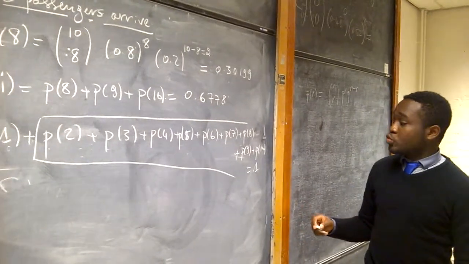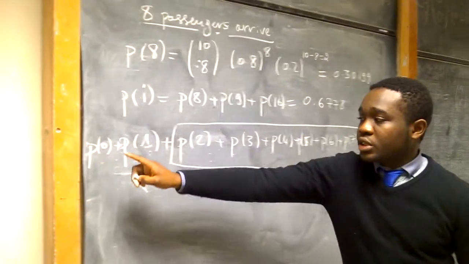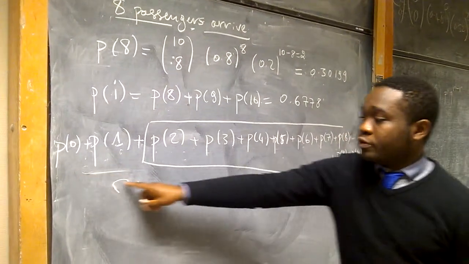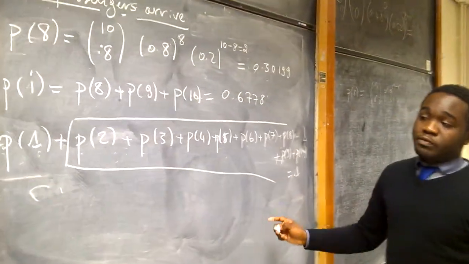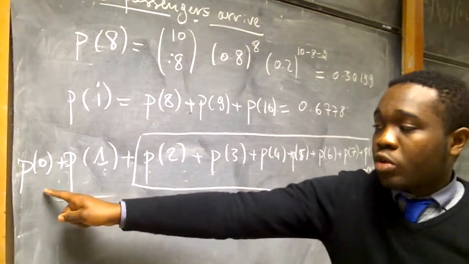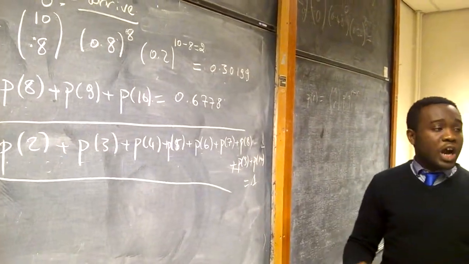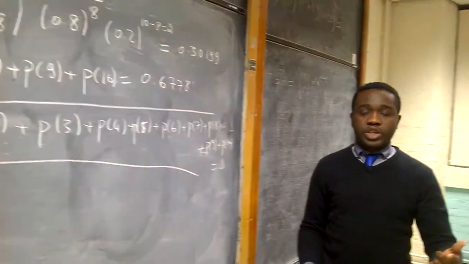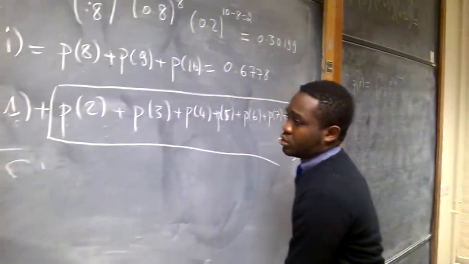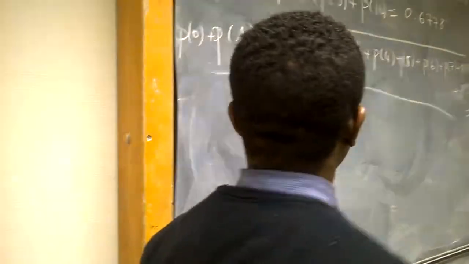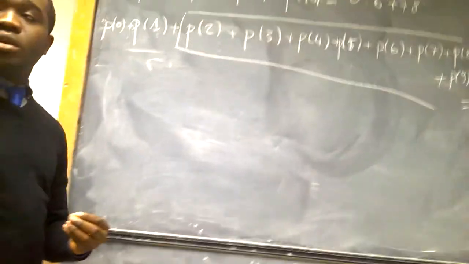So what will we do? We'll just calculate this and that, and because we know that all of those sum up to 1, if we have that probability and that one, we add them together and deduct from 1, we'll have the answer of the second question.